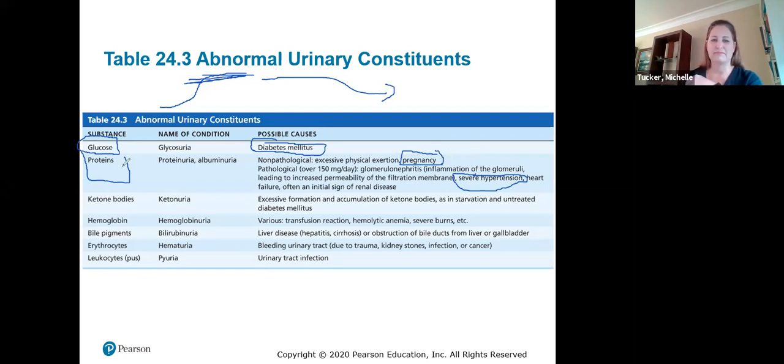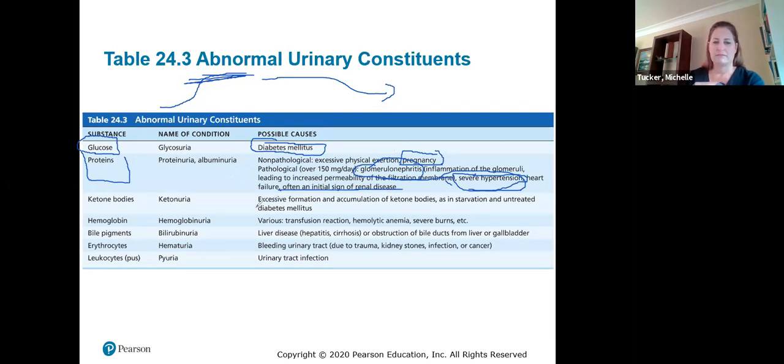So proteins in the urine could be due to a problem in the filtration membrane, hypertension, preeclampsia, or glomerular nephritis. If somebody gets a severe kidney infection, it inflames that membrane and proteins can start going through, often an initial sign of renal disease.